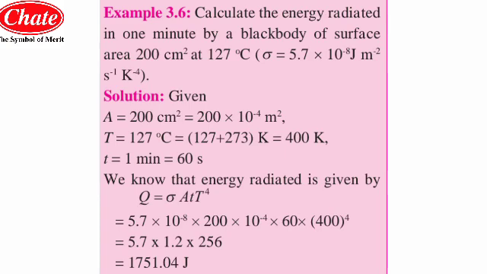Students, if you have any problem regarding the calculations, I will tell you one trick. Look at the powers they have given. In the first term, the power is 10 raised to minus 8. In the second term, the power is 10 raised to minus 4. And in the last term, for the absolute temperature, the power is 400 raised to 4. You simply add the powers with the rules of summation.